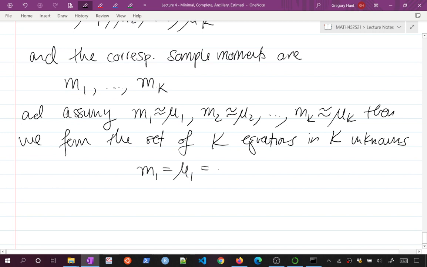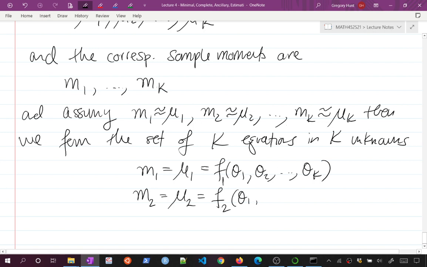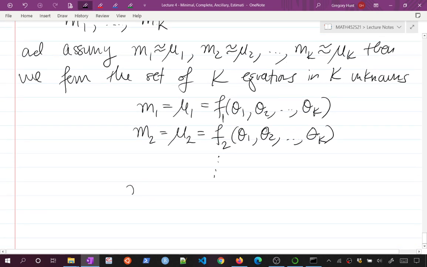So mu1 is some function, let's say f1, of my unknown collection of k parameters. Then we form a second equation where m2 is equal to mu2, but behind the scenes, mu2 is some other, potentially different, function of my k unknown parameters, all the way up to mk set equal to mu k.